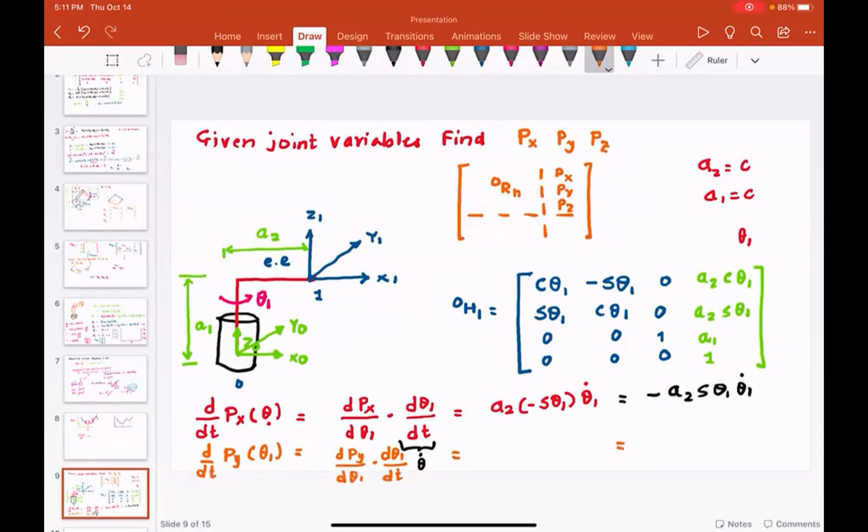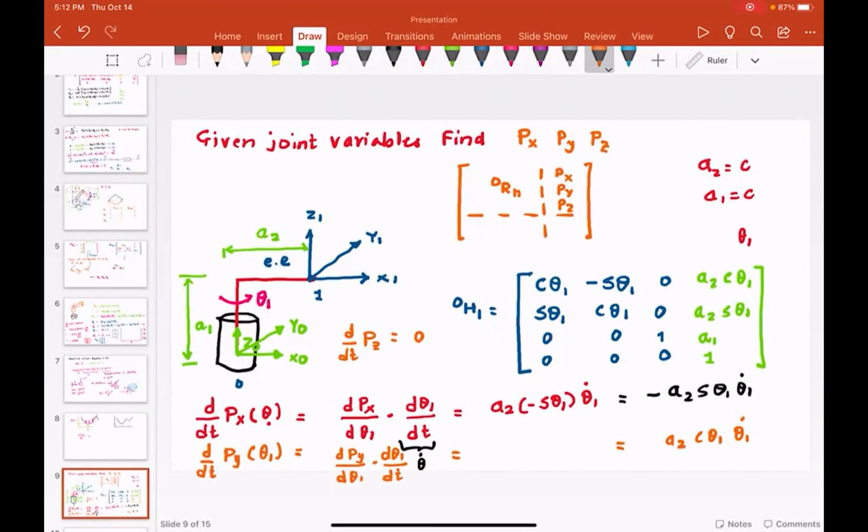And this equation now becomes A2 cosine theta 1 theta 1 dot. Do you agree with me? But last but not least, what happens if I take d by dt of Pz? Please note d by dt of Pz is going to be 0 because A1 is a constant. Do you agree with me?